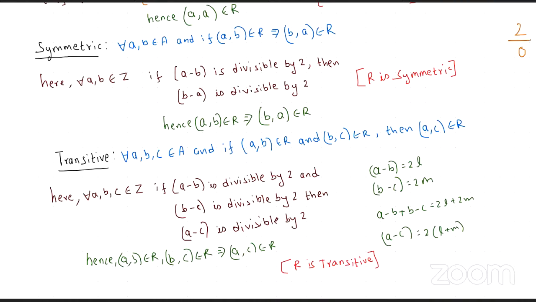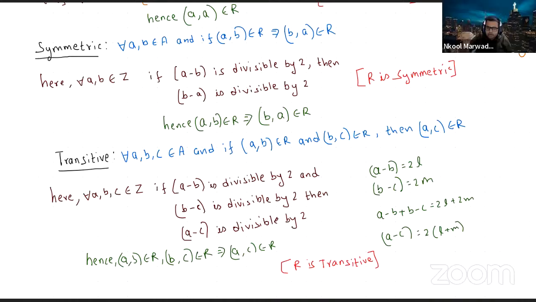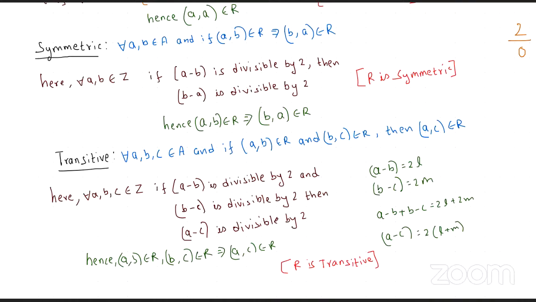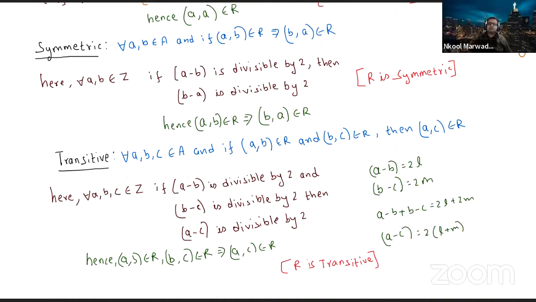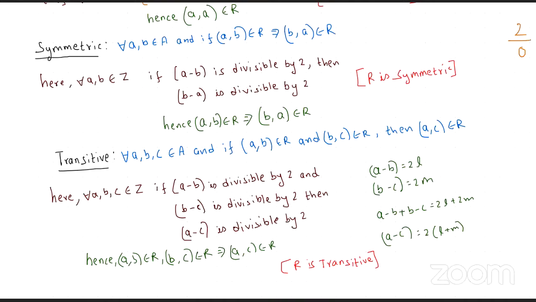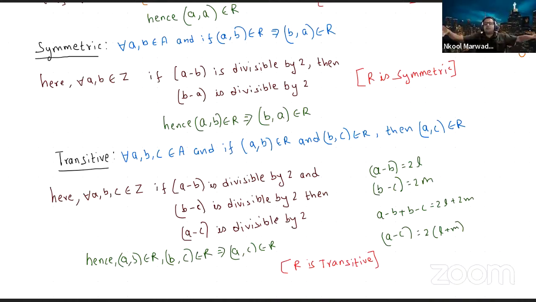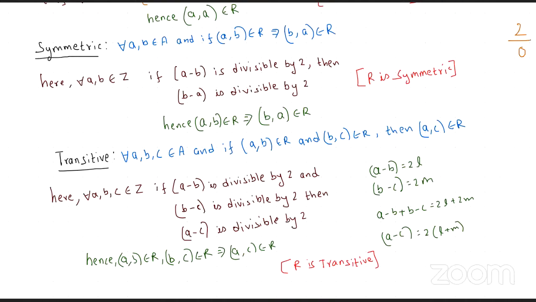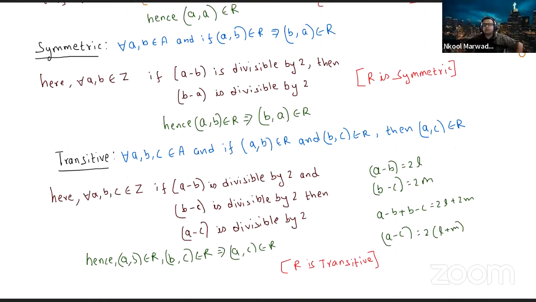If a minus b is divisible by 2, it means that a minus b is a multiple of 2, an even number. Any even number you take is divisible by 2, and all the even numbers are multiples of 2. So I can write any number into 2.